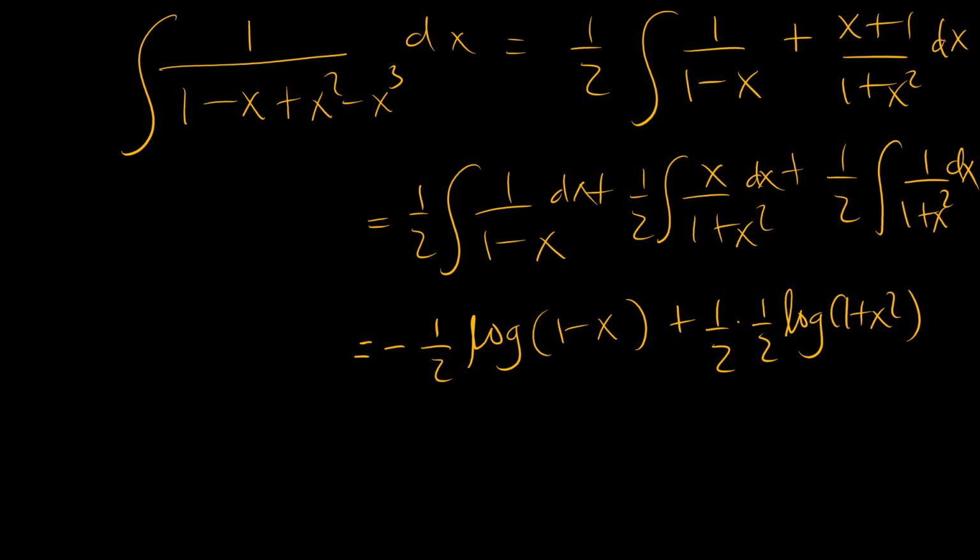Since we're missing the 2 on the numerator here, we had to assume that there was a constant half there. And then we have plus a half. This is a very famous integral. When you integrate that, you get the arctangent of x. Then we have an integration constant.